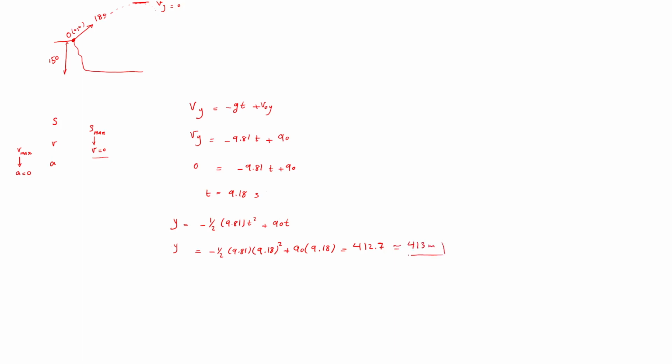But look at this one: 413 meters above our origin, but the problem asks us to find the maximum elevation above the ground. For these conditions we have to add the 150 so that we can find the maximum elevation above the ground.